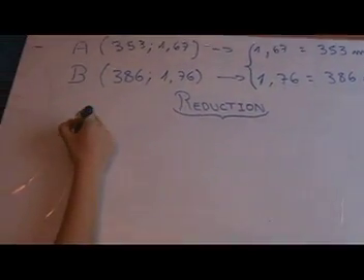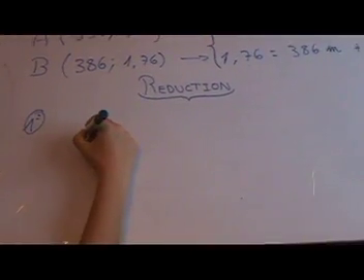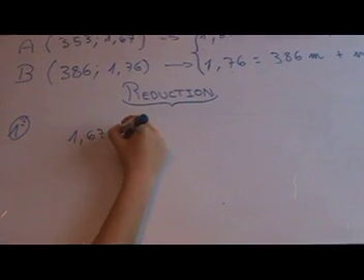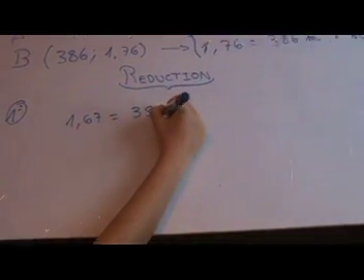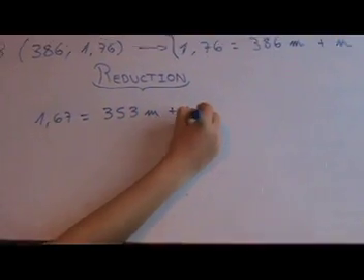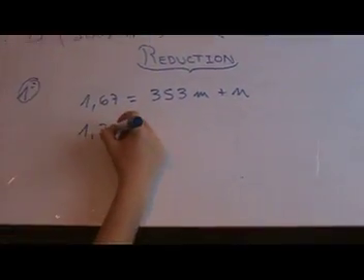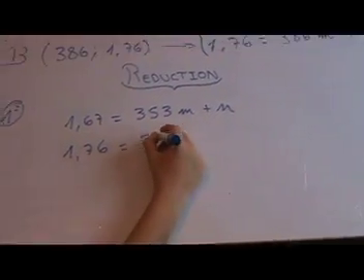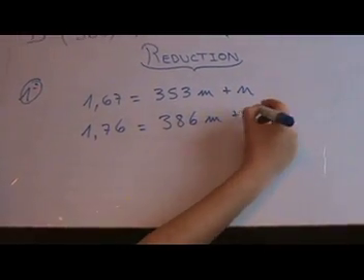Reduction. Once we have the 2 by 2 system, we have to multiply both equations by any number to try to leave the same variable, for instance n, multiplied by the same number in both equations, but in one of them positive and in the other one negative.